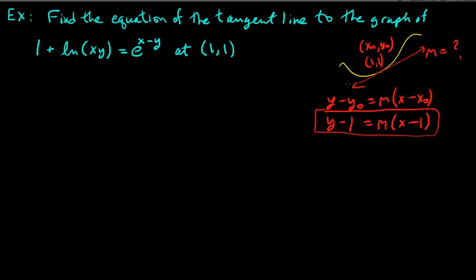And it's a tangent line, so we don't know any other point on the line. This may cross somewhere else, but it may not. So we have no way of knowing any other point on this line other than (1, 1). That's the only point they give us. Obviously, if they gave us 2 points, then that's a very easy problem.